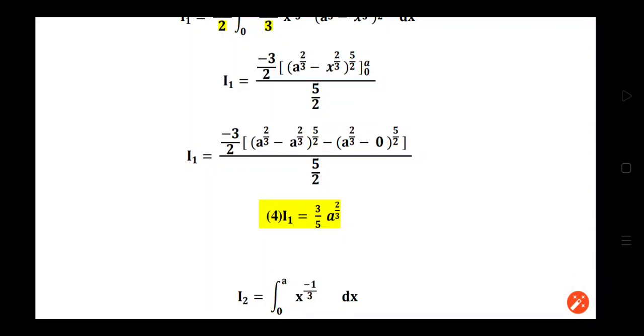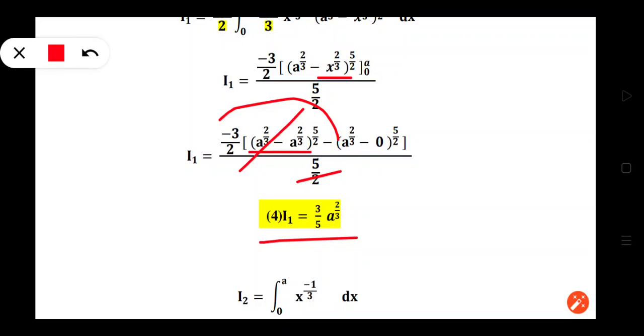We put x one time equal to a and another time equal to 0. If x equals a, then it will be a power 2 over 3 minus a to the power 2 over 3, which equals 0. Secondly, we put x equal to 0, then it equals negative, all a power 2 over 3 minus 0, all power 5 over 2, times negative. With this negative, positive, 2 with 2, then it equals 3 over 5 a power 2 over 3.